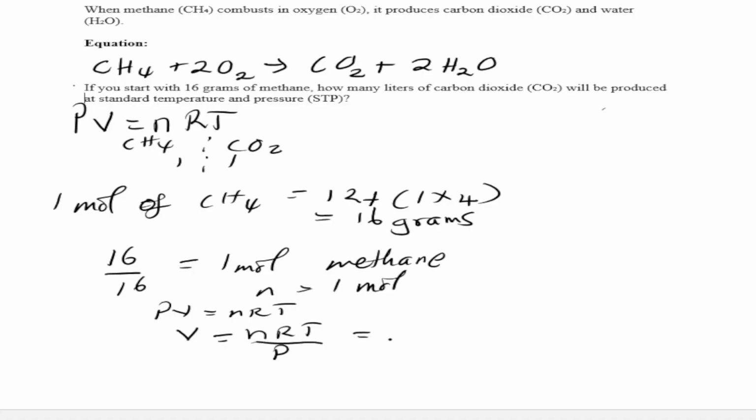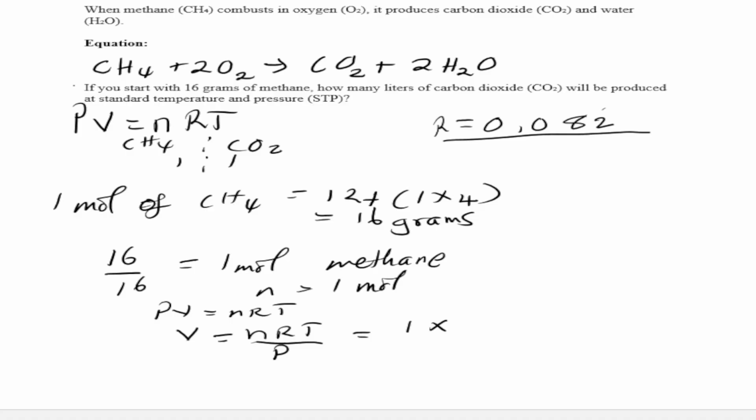Which is equal to n is equal to 1 times our ideal gas constant. Our ideal gas constant when you are using pressure in atmospheres is equal to 0.082. So it's a constant.